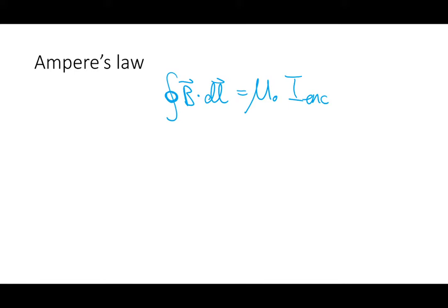So what does this all mean? Well, if we take a current, we know that it makes a magnetic field, and if we're interested in the magnetic field at a particular point that is r away, we know that the magnetic field at all these points makes a circle around the wire.